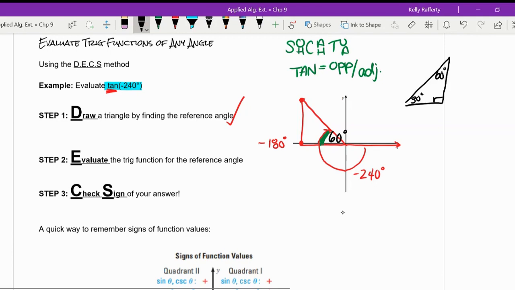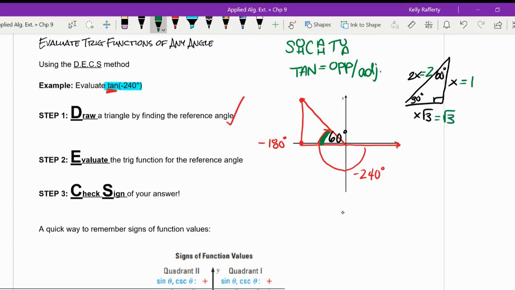In a 30, 60, 90, this is usually x, across from the right angle is 2x, across from 60 is x root 3. Now, if they don't give us any lengths to make our lives easier, we just say, well, let's say x is 1. That'll make 2x equal to 2, and this side equal to root 3.